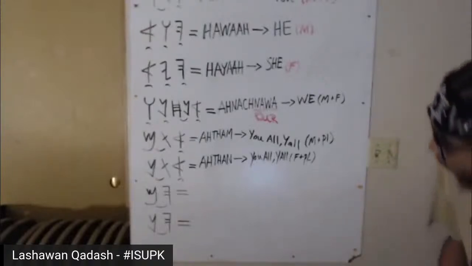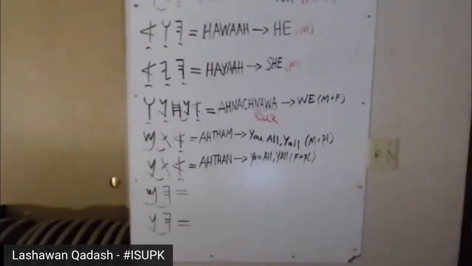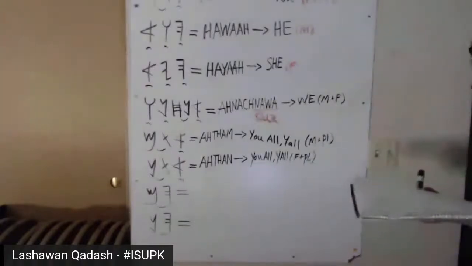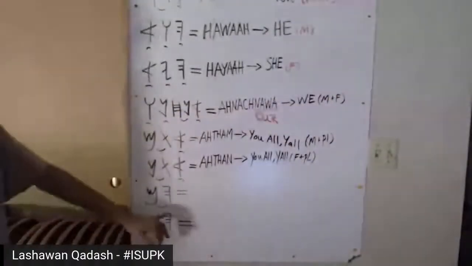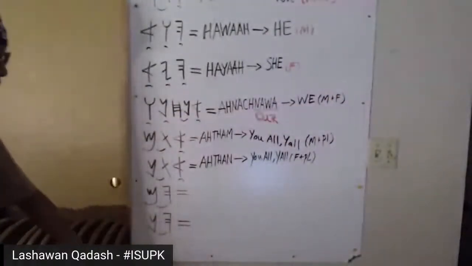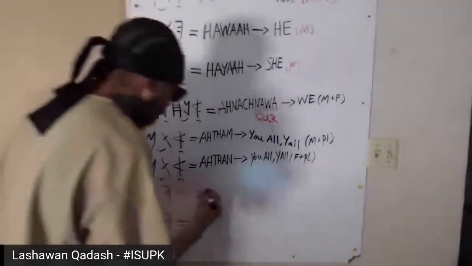All right, moving on to the last two for the pronouns, and then we are going to move forward with something else. Let's see. All right, so this is hum and hun. This is what it's going to say.